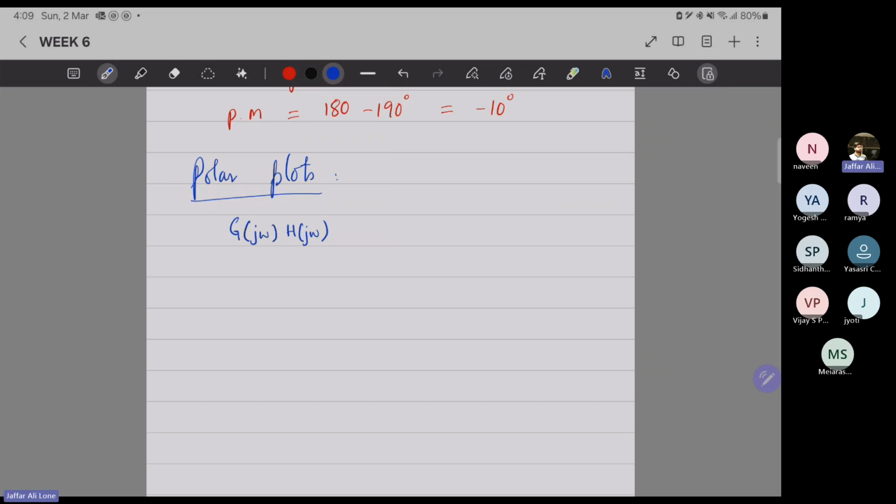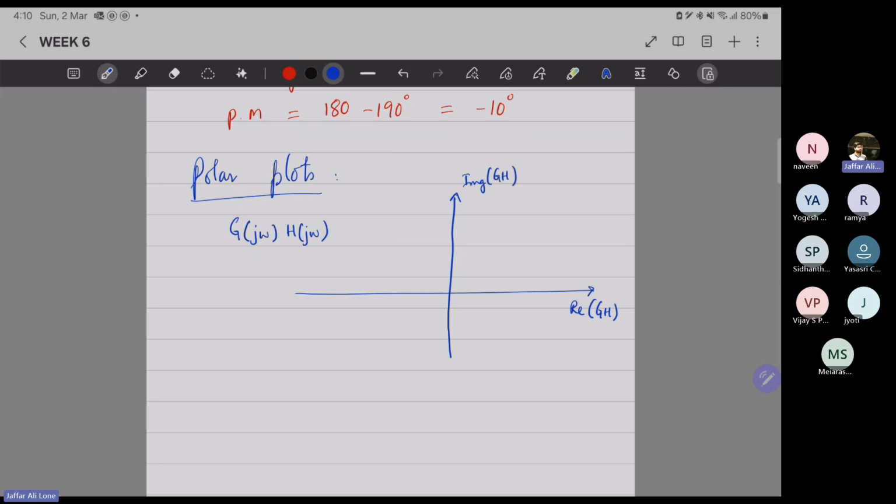Whenever we talk of polar plots, we talk of open loop transfer functions. So if we are plotting G(jω)H(jω), the magnitude versus the phase angle as we vary the frequency, we are doing frequency domain analysis. For example, this is the real part of GH and this is the imaginary part of GH.